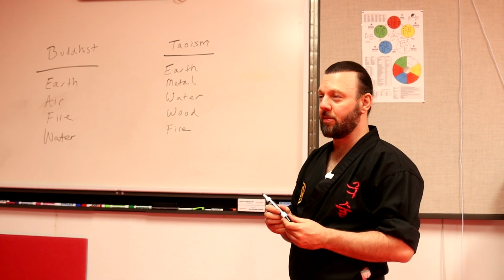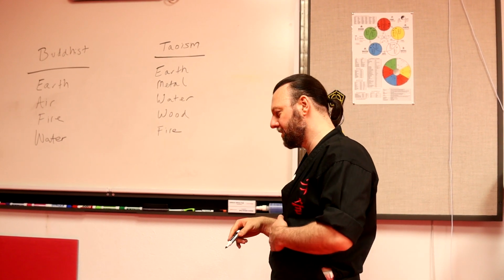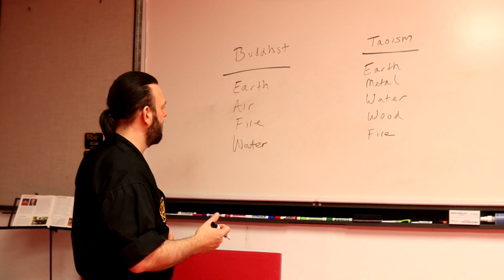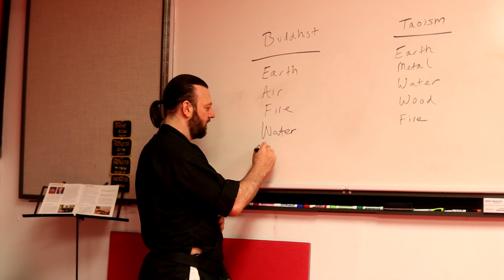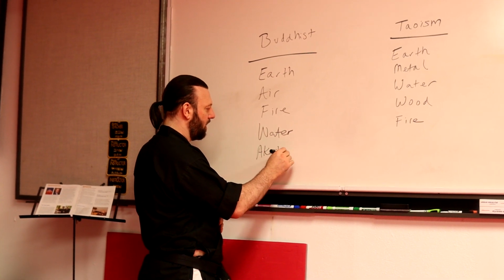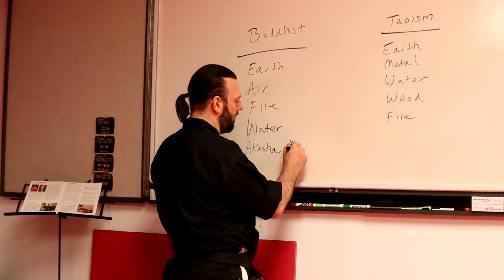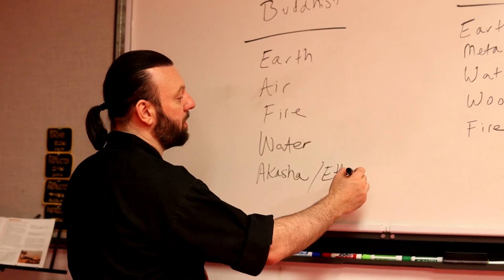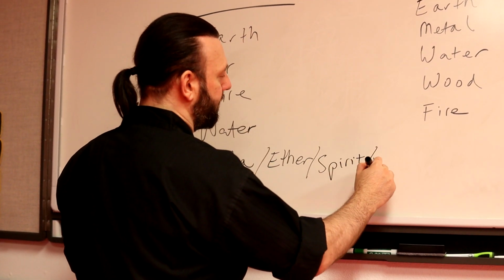First, we've got to remember that the 4-element system is still, in fact, a 5-element system. Usually, there's a 5th element added. In India, that 5th element is akasha. In Greece, that same 5th element was called ether. Sometimes in modern systems, it's simply called spirit, or pneuma.